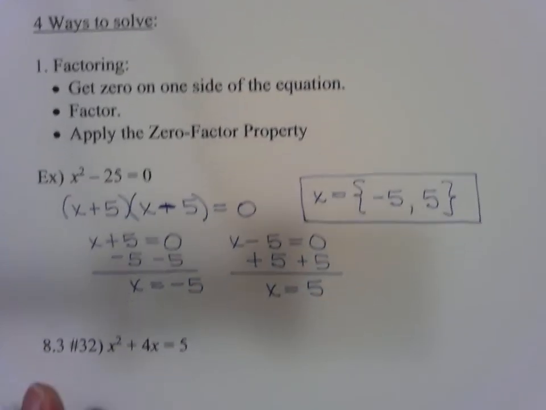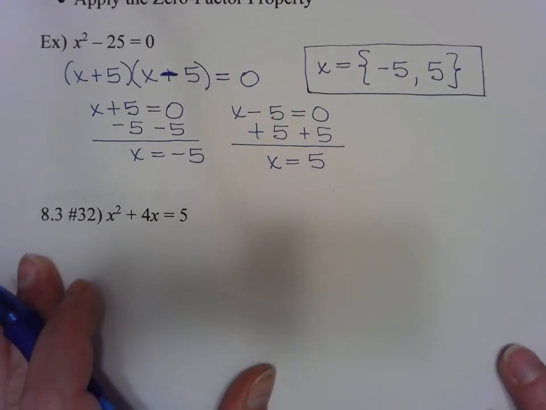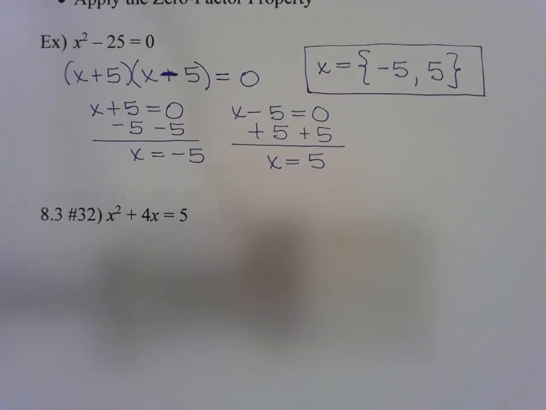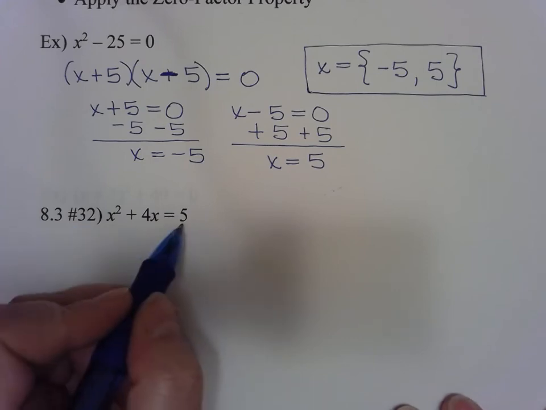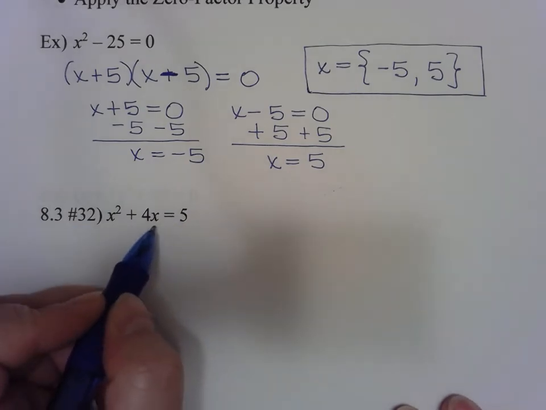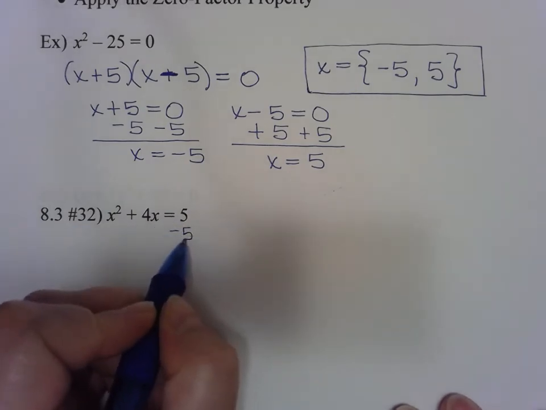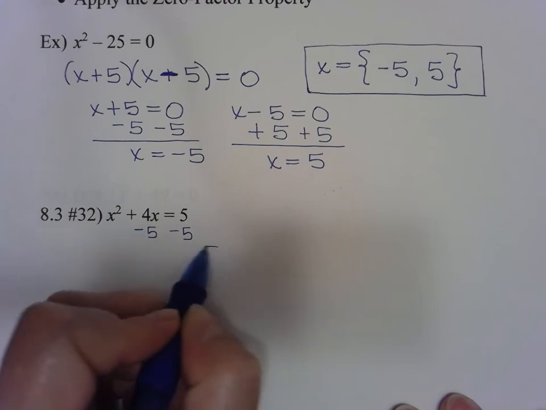All right, so that's the basic process. Let's try one more. What do I need to do first? I need to get 0 on one side. So I want to move this 5 over to the left. I'll subtract it over.